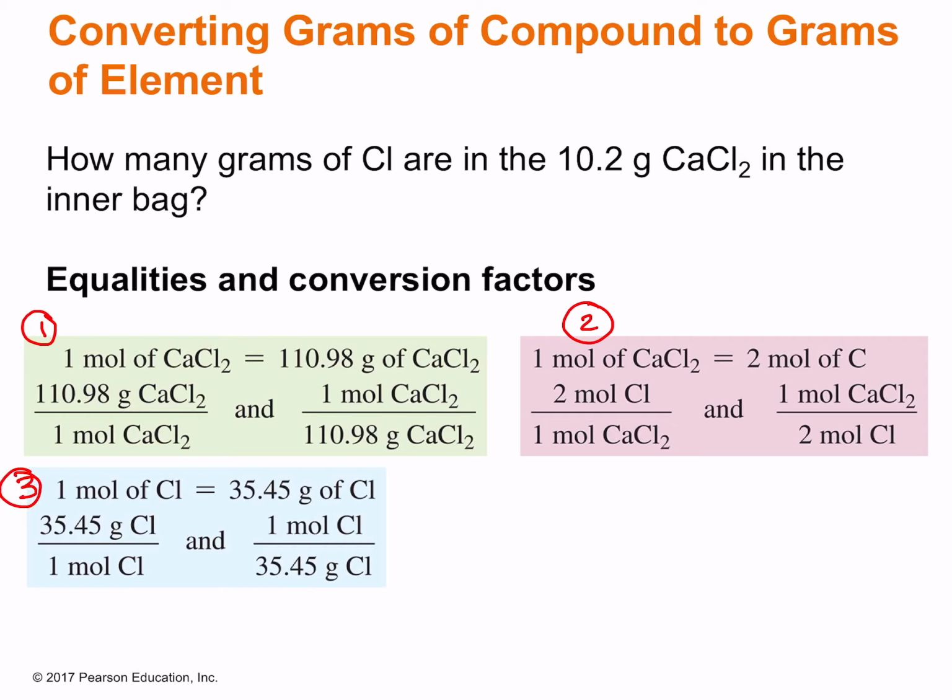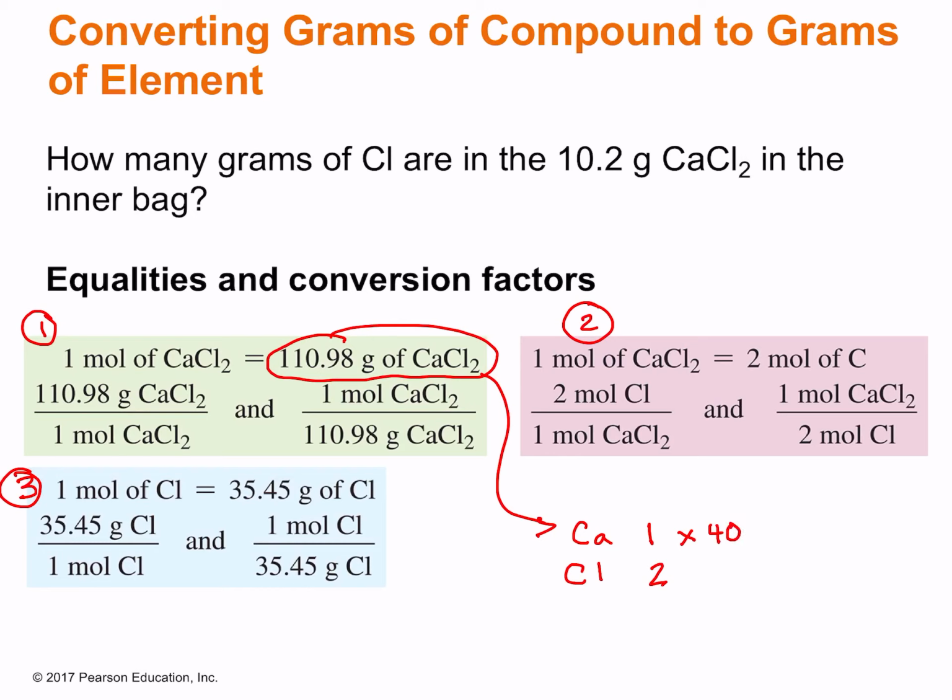Okay, so for the first one, we're going to convert from grams of calcium chloride into moles of calcium chloride. And the way we're going to get there is that we know 1 mole is equal to the molar mass. And again, the way that we're getting this mass of calcium chloride here is that we know there is calcium and there is chlorine. There's 1 calcium, 2 chlorines.